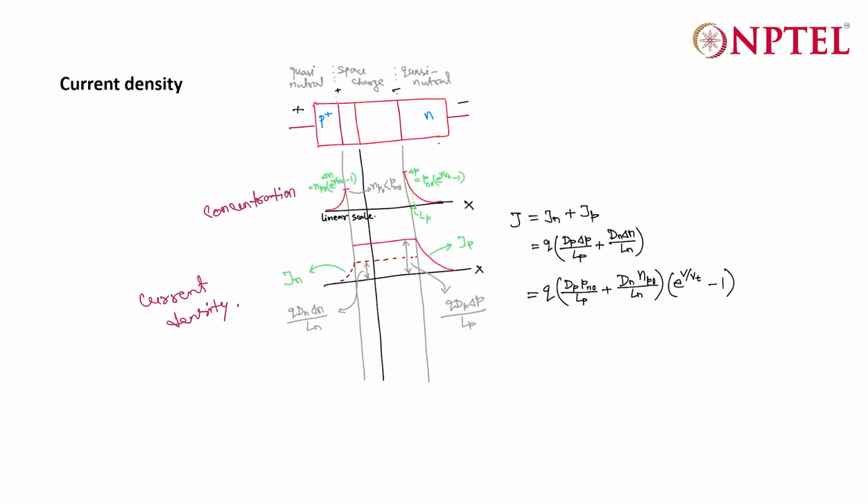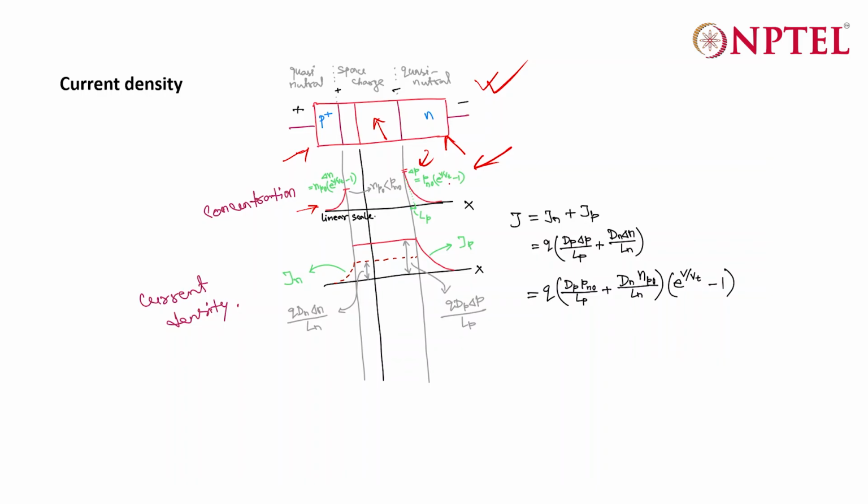Now let us see the current term. So this is your device, where this is the quasi-neutral region and this one is the space charge region. Now if you plot the concentration on a linear scale, you will find that this is delta P and the relation is exponential.